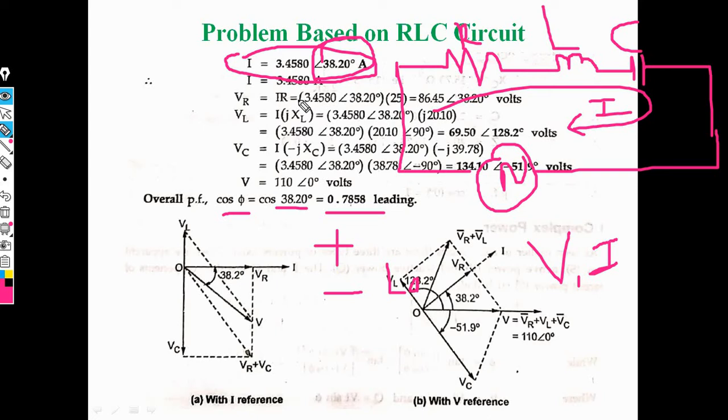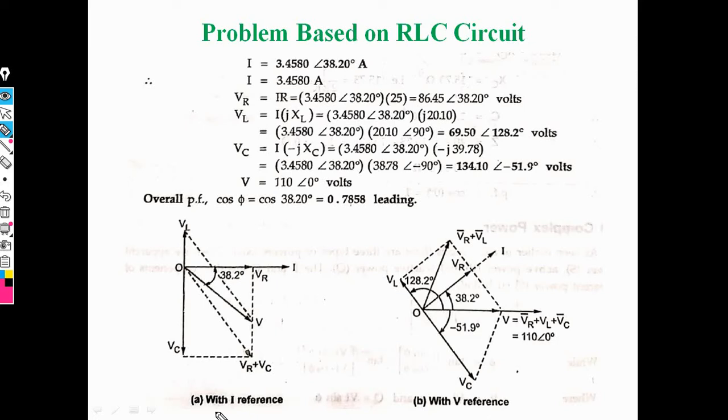Okay, now we have to draw the phasor diagram. In the phasor diagram we are taking reference phasor. Now here there are two reference phasors, with respect to current I and with respect to voltage. Now here this is the voltage VR.